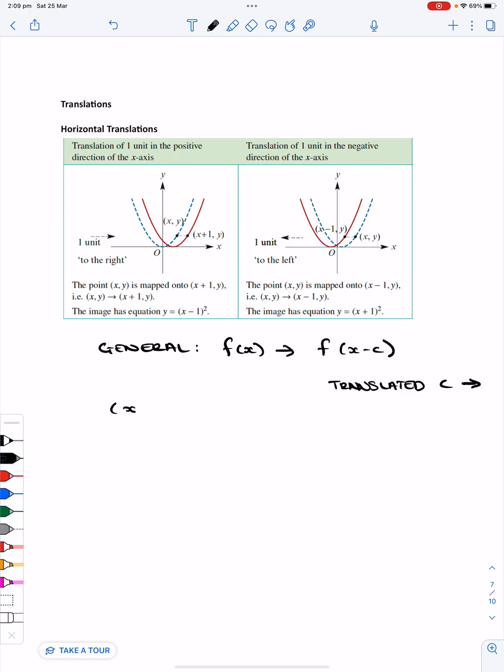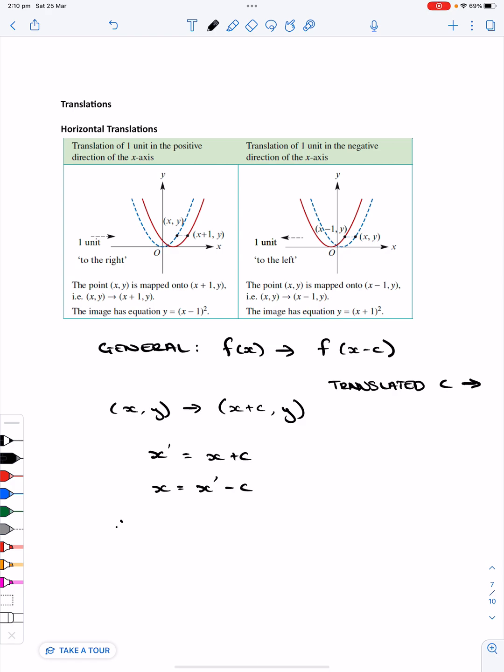In our coordinate form, (x, y) becomes (x plus c, y), and what the x plus c means is effectively we're moving the graph horizontally, in terms of x, plus c units. From our image point of view, x image is going to equal x plus c, and therefore we can write x in terms of x image minus c.